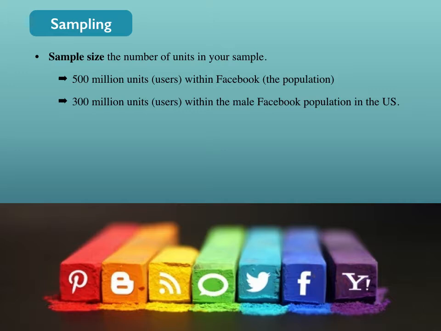The calculations can be very complex, but usually there are applications to do it. And that formula is beyond this course, of course. But just to let you know that there is a way to figure out the sample size that you need to have in order to make your research valid.